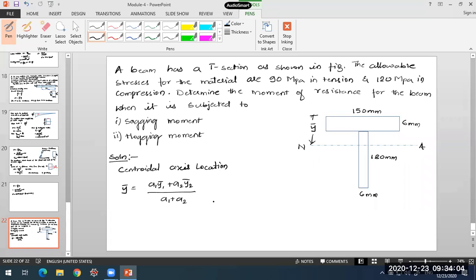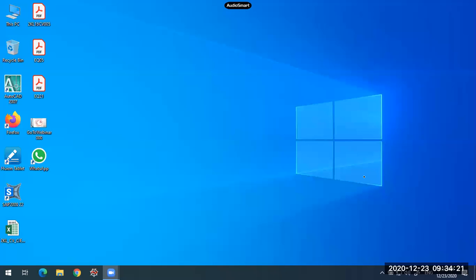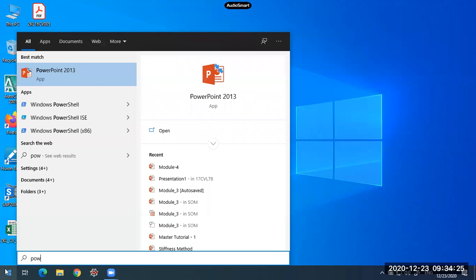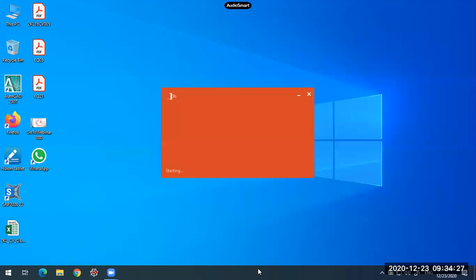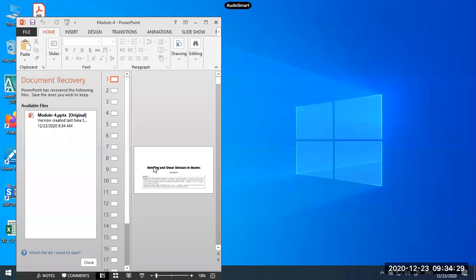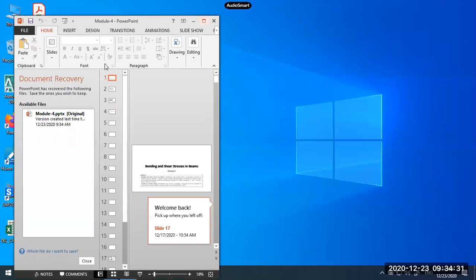This is how you get the location of the centroidal axis. I'm taking moments of areas about this top flange. I'll call this a1, and this is my a2, the second area. Just keep calculating to get that y bar value.